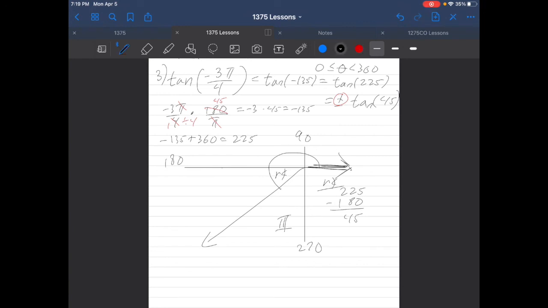So let's draw our reference triangle using this 45 degree angle. 45, 45, 90 right triangle now. Remember, on a 45, 45, 90 right triangle, it had a hypotenuse of radical 2, and it had legs equal to 1.